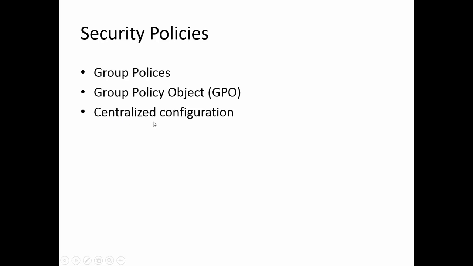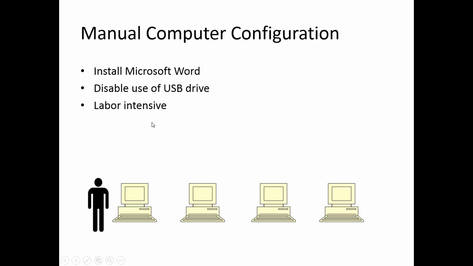But let's talk about what happens if you don't have group policies. Let's say you want to install Microsoft Word and you want to disable the USB drive on every computer in your organization. Well, doing that to one computer doesn't take that long. But at CCBC, we have 5,000 workstations.